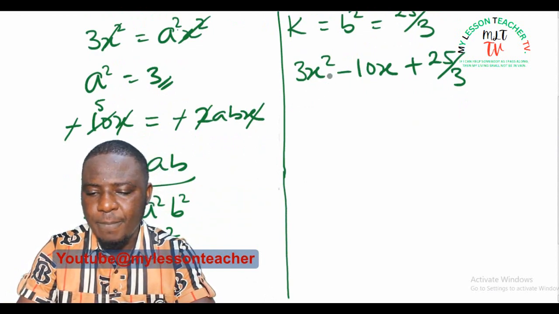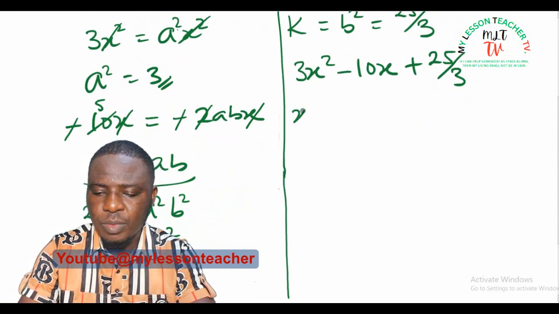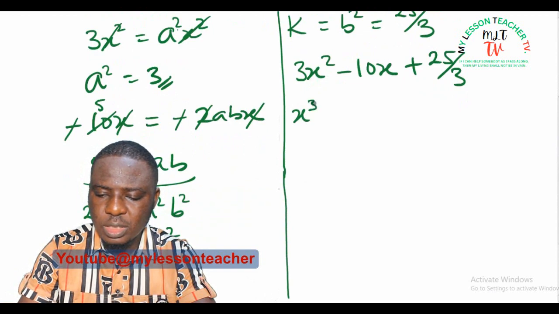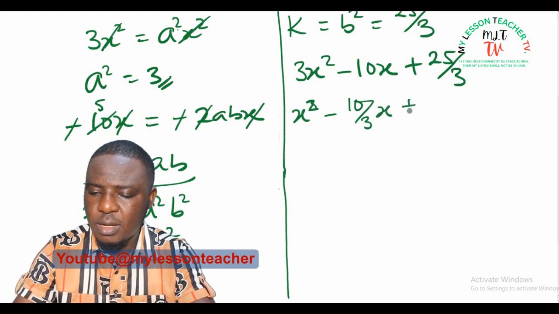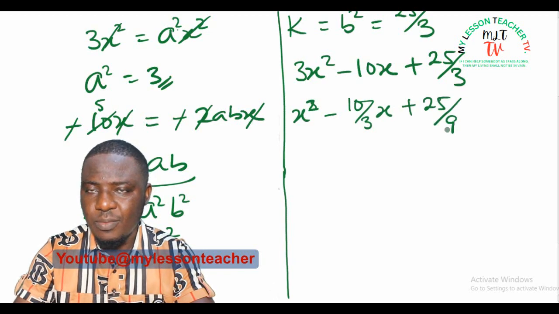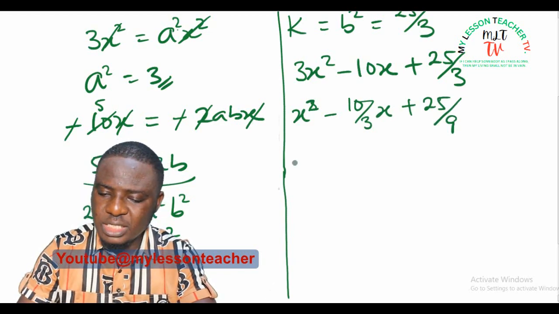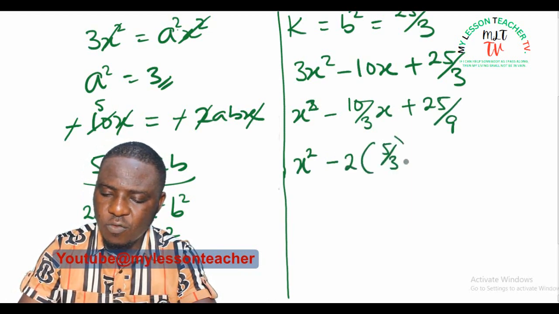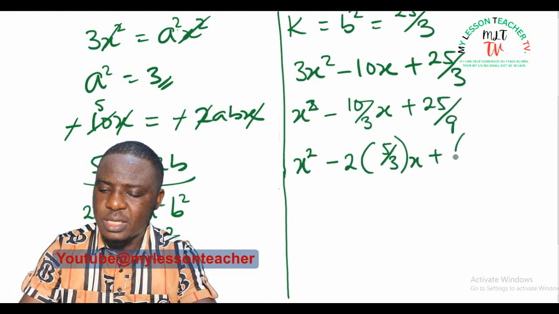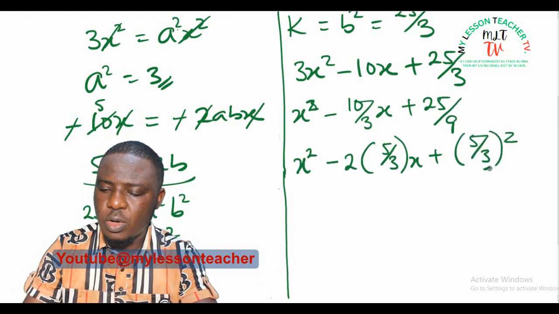We first of all divide both sides by 3. Thus this becomes x squared minus 10 over 3x plus 25 over 9, dividing by 3, and then factorizing out 2, you have x squared minus 2 into bracket 5 over 3 x plus 5 over 3 squared.